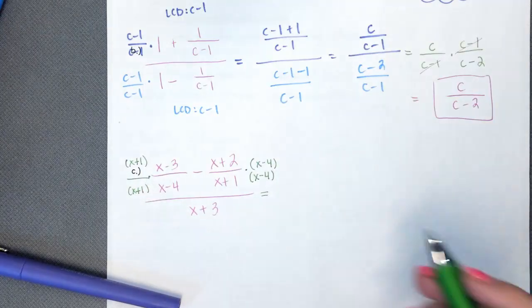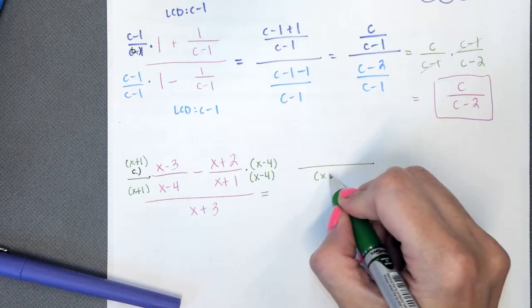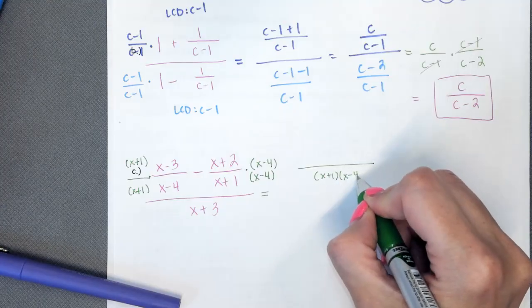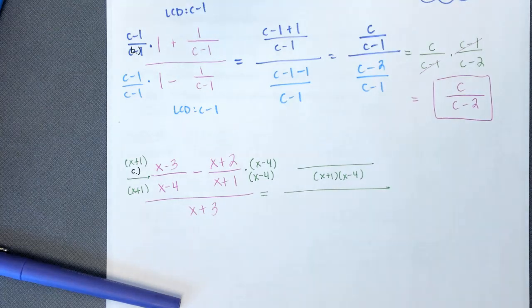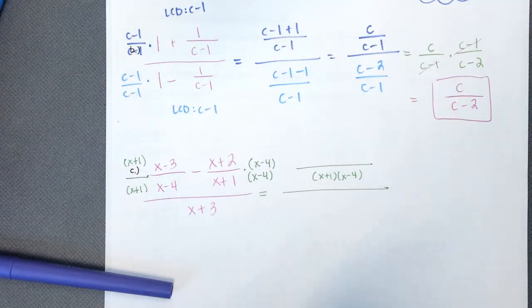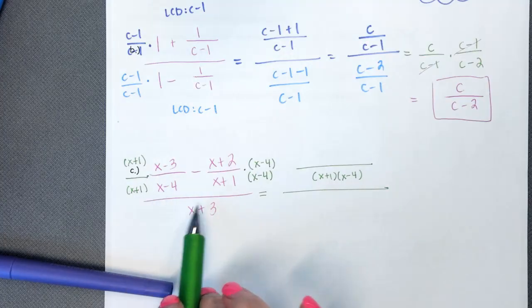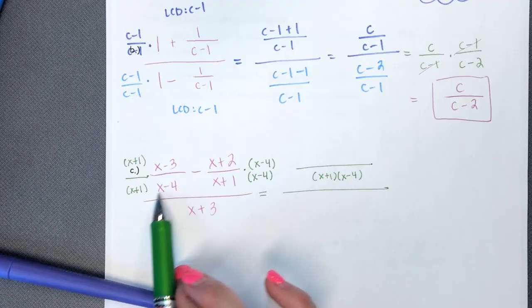Okay, so once I know what the LCD is, I just will write that here, x plus 1, x minus 4, because I know I'm going to be combining those. Okay, and then what I have here is x minus 1 times x minus 3. Please do not start canceling things out. Do not cancel this out with this.